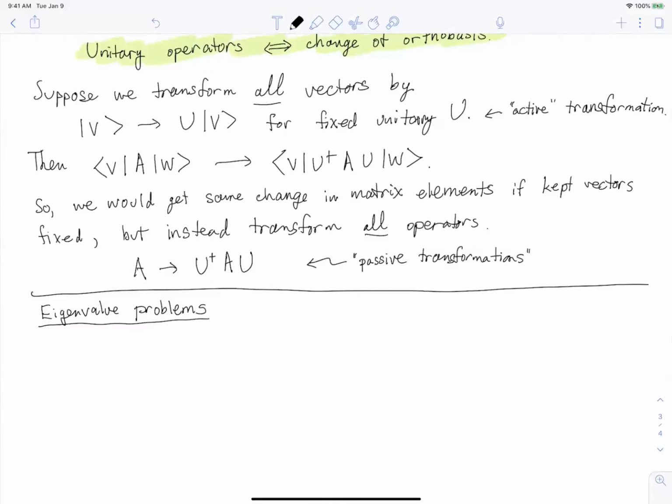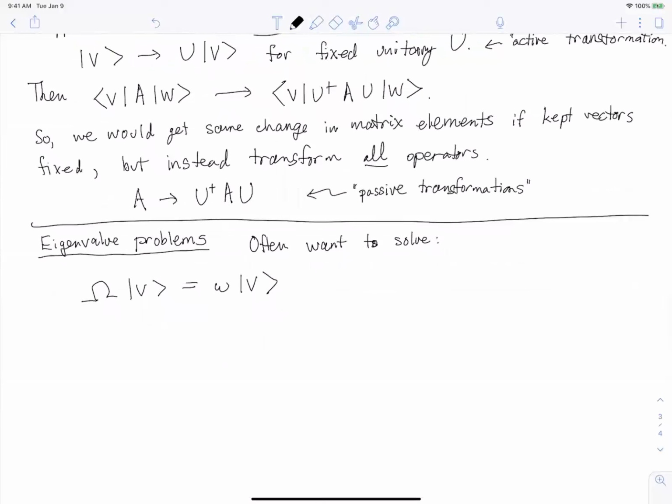Okay. So the eigenvalue problem is we often want to solve an equation of the following form. I have some operator, and I'm going to call it omega for variety, acting on a vector v is equal to little omega, that looks like a curly w, acting on v. So the idea is typically that you're given the operator, and what you want to solve for is the vector v and omega.